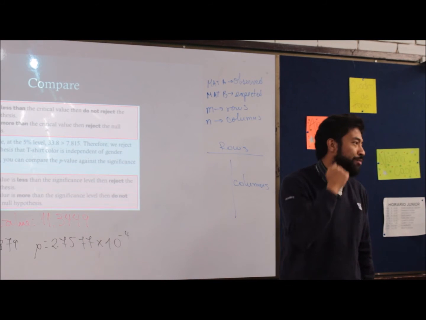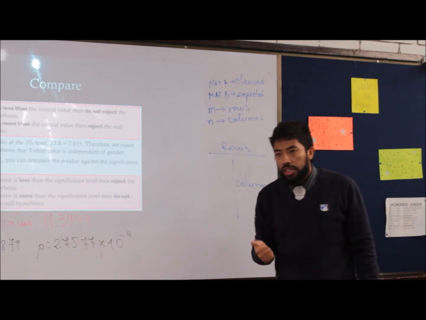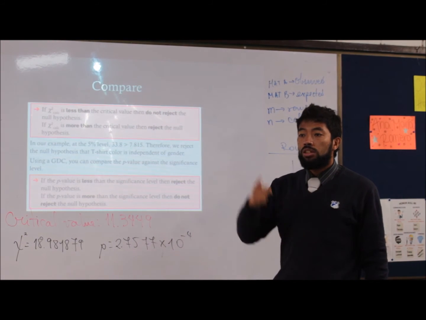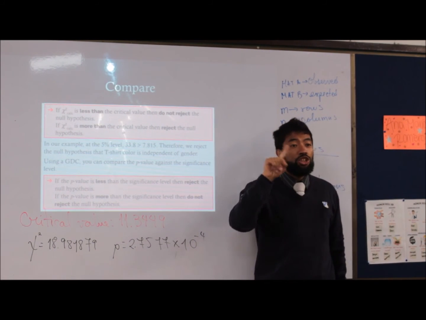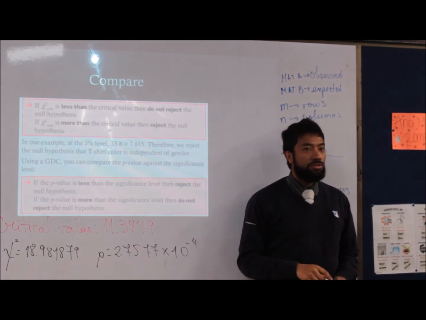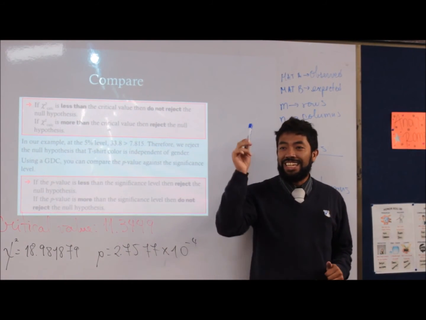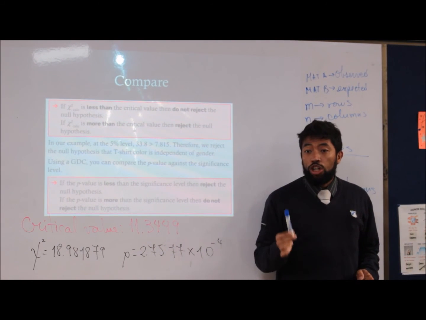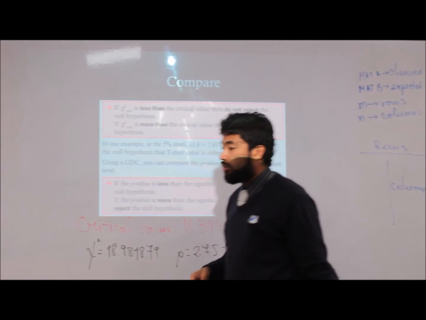The alternative hypothesis. What alternative hypothesis says? That they are not independent. That they are dependent. Remember that it is not like that. They are not independent. Clear or not?